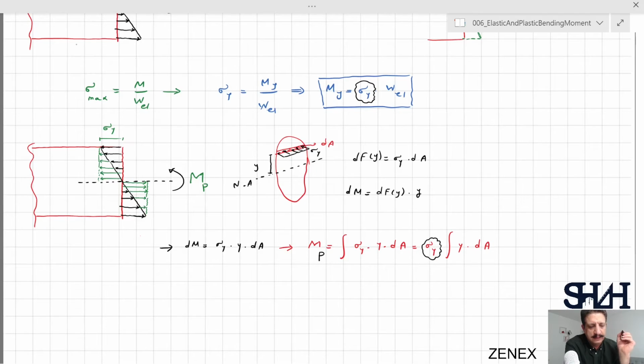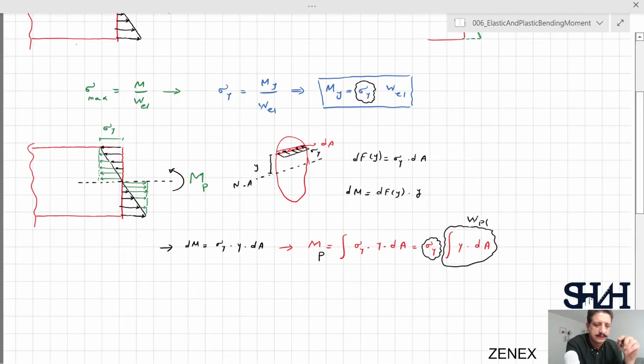The difference is that W elastic is calculated as the moment of inertia divided by the furthest distance from the neutral axis. But here we have the first moment of area, the summation in the positive and negative sides of the cross section. This summation of y dA is called W plastic.